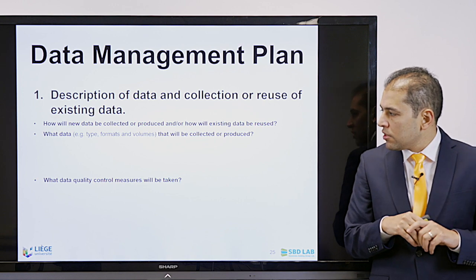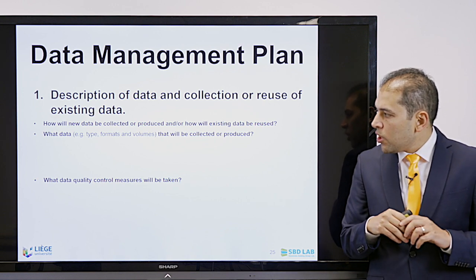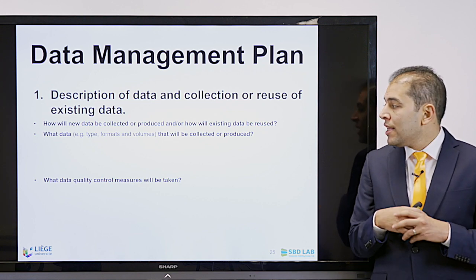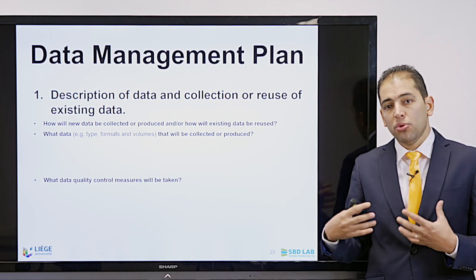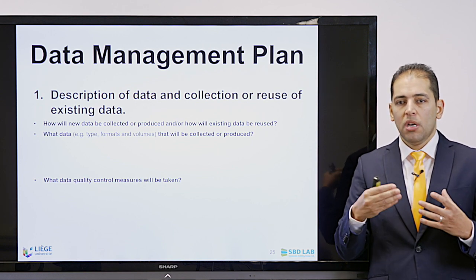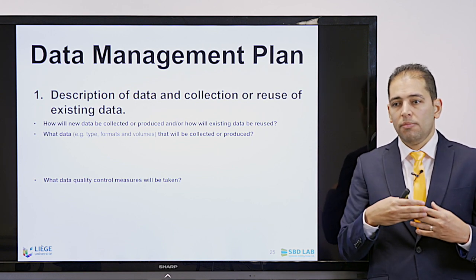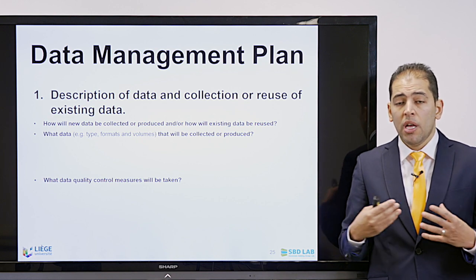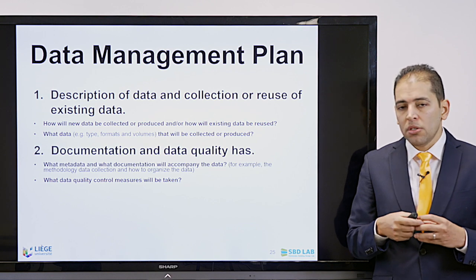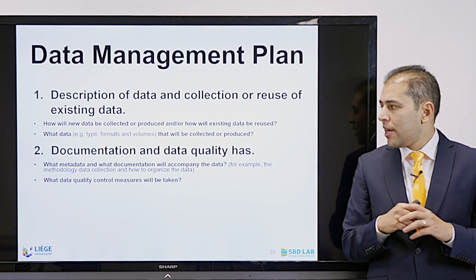Second question to answer under the first item: what data, for example, the formats or the volumes, will be collected or produced? You need to describe it and you need to define it. Is it CSV files? Is it Word files? Is it GIS files? Whatever data type you are going to generate. And in this sense, you need to describe it in a paragraph.